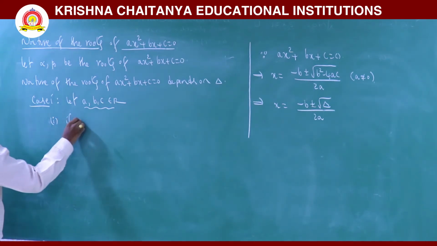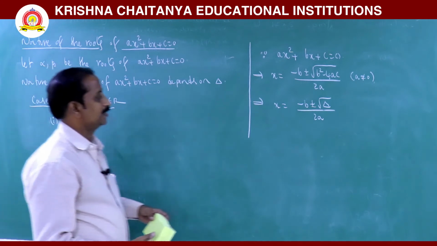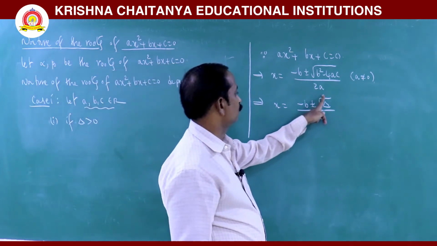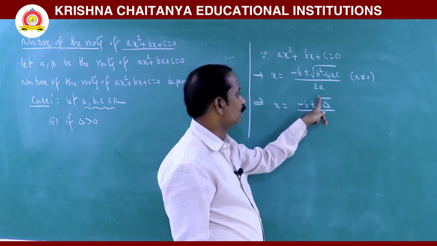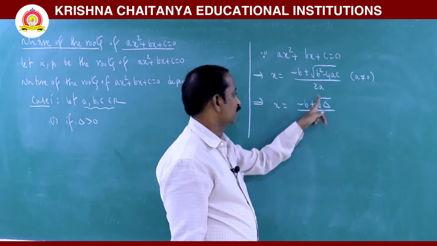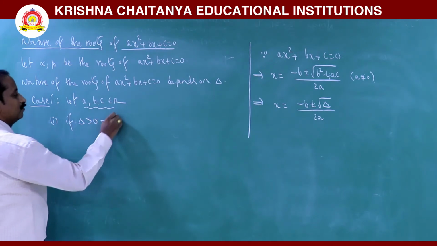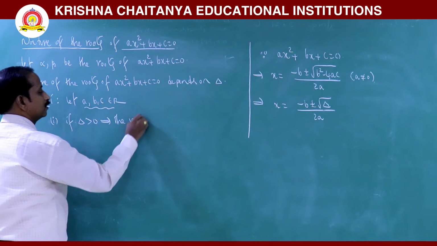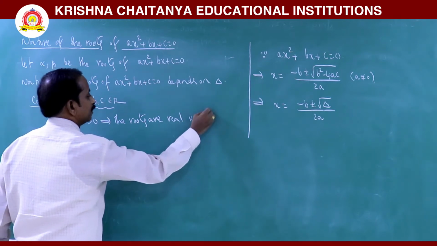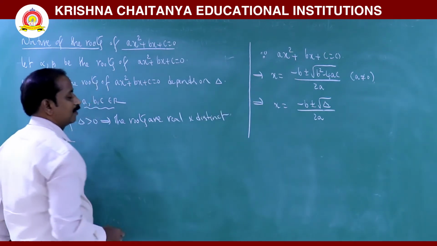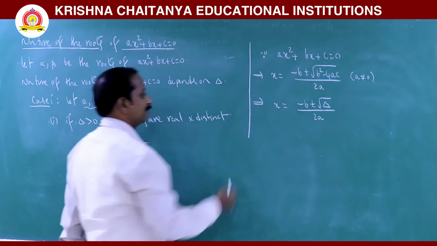If delta is greater than 0, that means the root of a positive number, for example root 2, root 3, root 4, whatever it may be, then the roots are real and distinct. The roots are (−b + √delta) / 2a and (−b − √delta) / 2a.